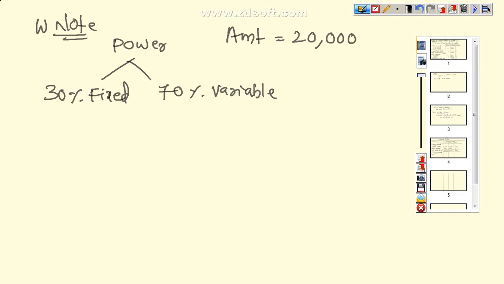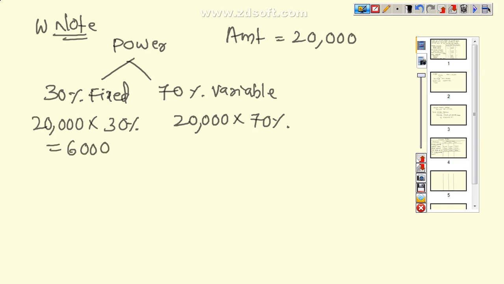So we have to distribute this 20,000 according to this ratio, that is 20,000 multiplied by 30% and 20,000 multiplied by 70%. So 20,000 multiplied by 30% is equal to 6,000 and 20,000 multiplied by 70% is equal to 14,000.